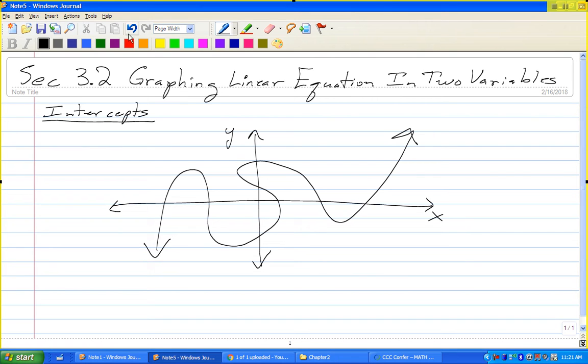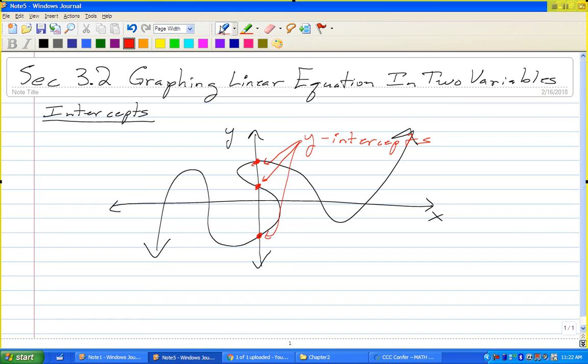If I look here, where I intersect the y-axis, these are called y-intercepts. So these points here are called y-intercepts.